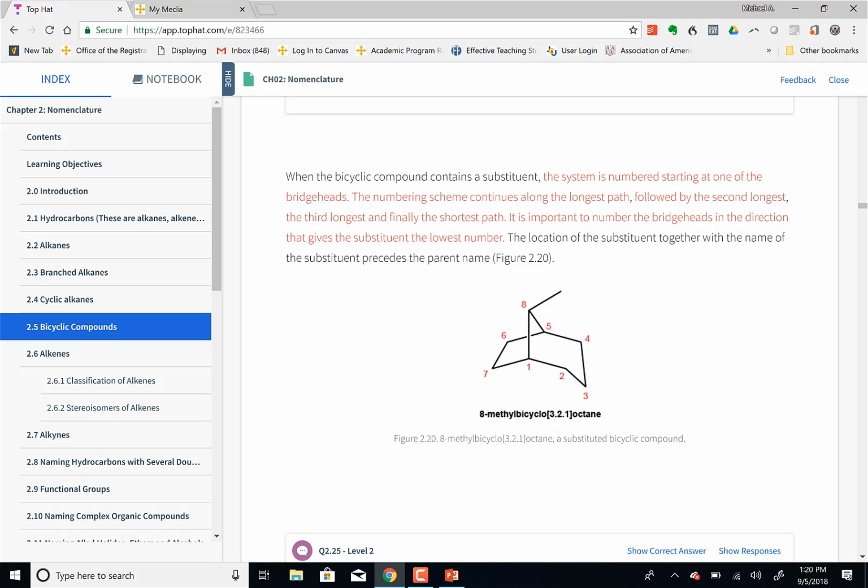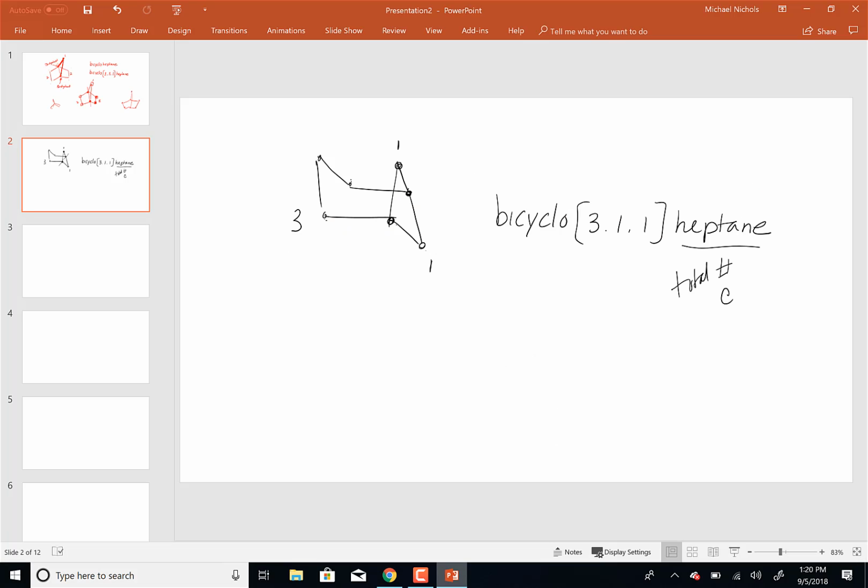And then it says it's important to number the bridgeheads in the direction that gives the substituent the lowest number. Well, let's imagine that you had a substituent. I'm gonna take a huge chance here.